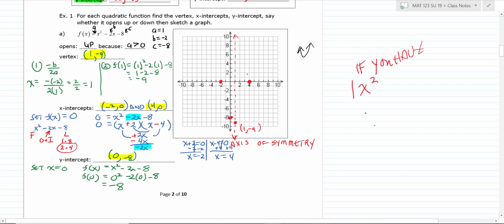But if that's a 1, like we have here, from the vertex you can go over 1, up 1, or over 2, up 2 squared, which is 4, or over 3 and up 3 squared, which is 9. You're doing a squaring function, so it's nice to know this.